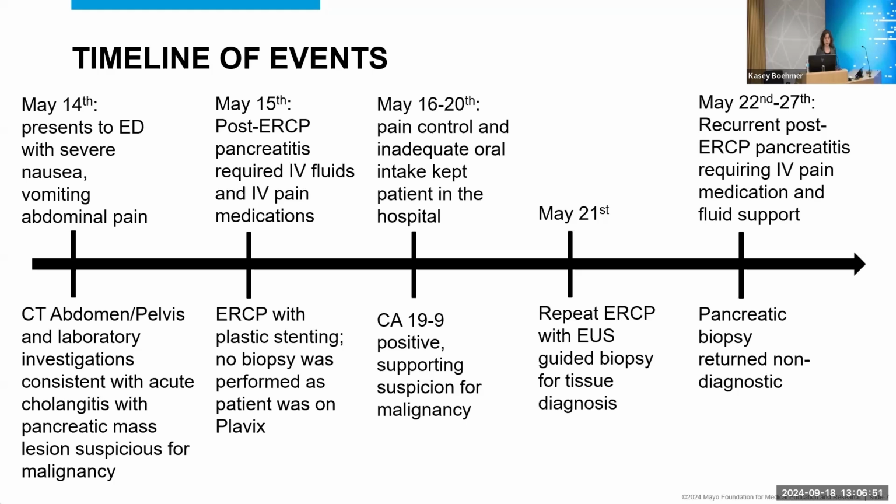With that, we discussed how the patient had gone through 2 ERCPs, and unfortunately developed pancreatitis after both procedures. We had done 2 EUS guided biopsies that had unfortunately returned non-diagnostic, and this required the patient to continue to remain in the hospital for ongoing IV pain medication and fluid support.